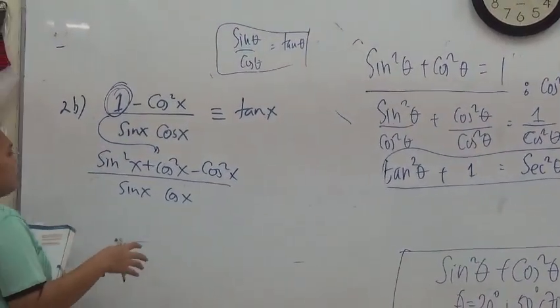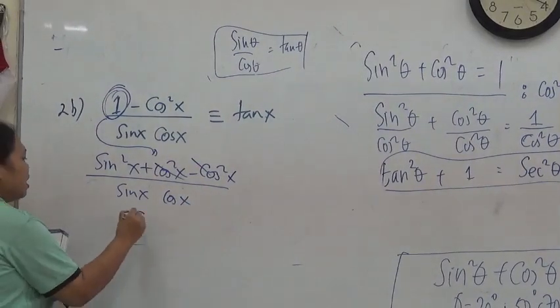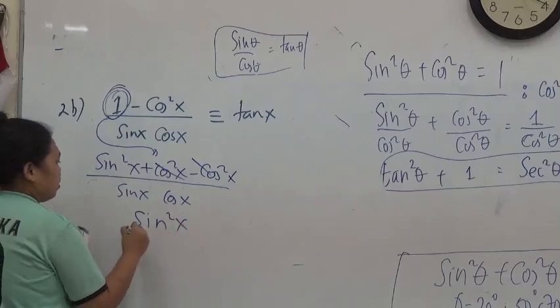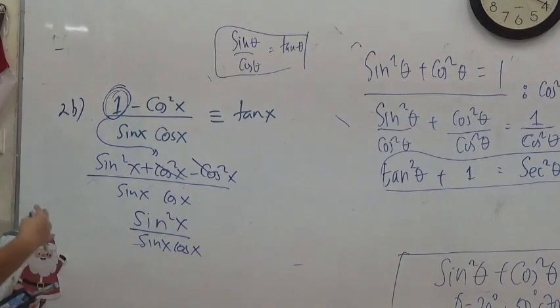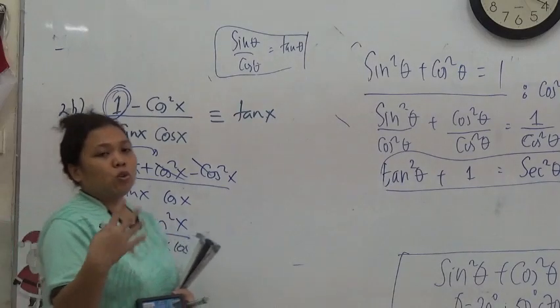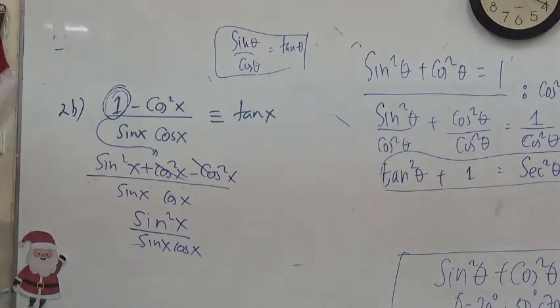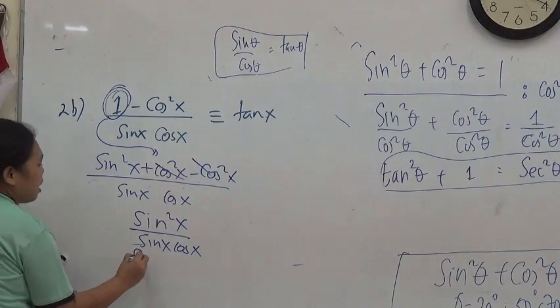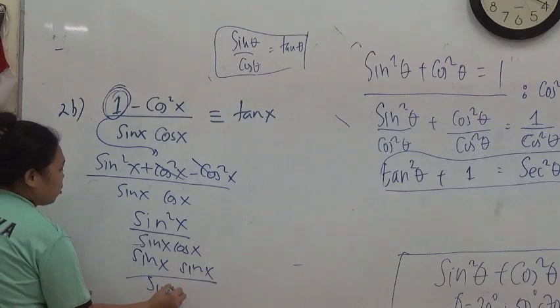Then you can simplify: this one equals 0 because it's minus, leaving sin squared x over sin x cos x. Next, you can break down sin squared x, because 2 squared is just 2 times 2, 3 squared is 3 times 3, p squared is p times p, so sin squared x is just sin x times sin x, over sin x cos x.